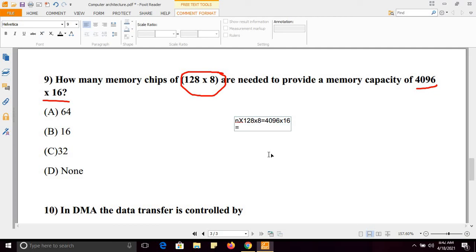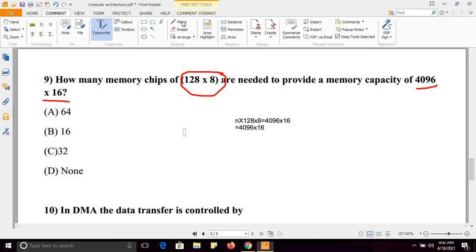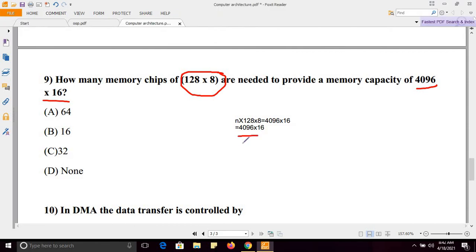So N is equal to 4096 into 16 divided by 128 into 8.